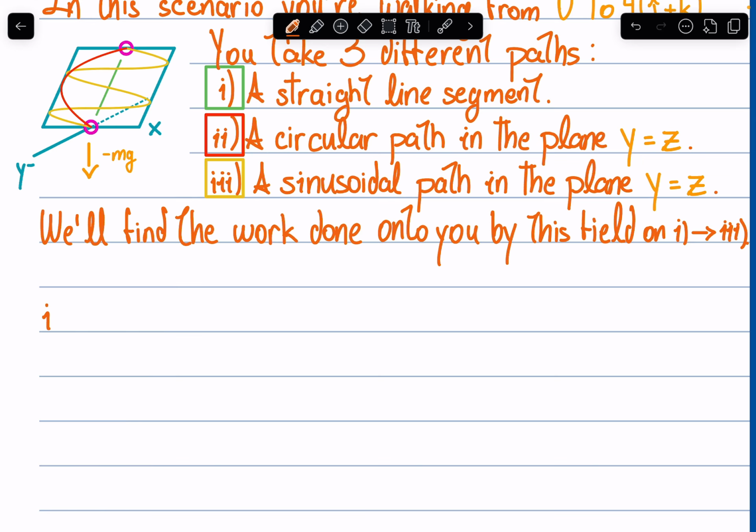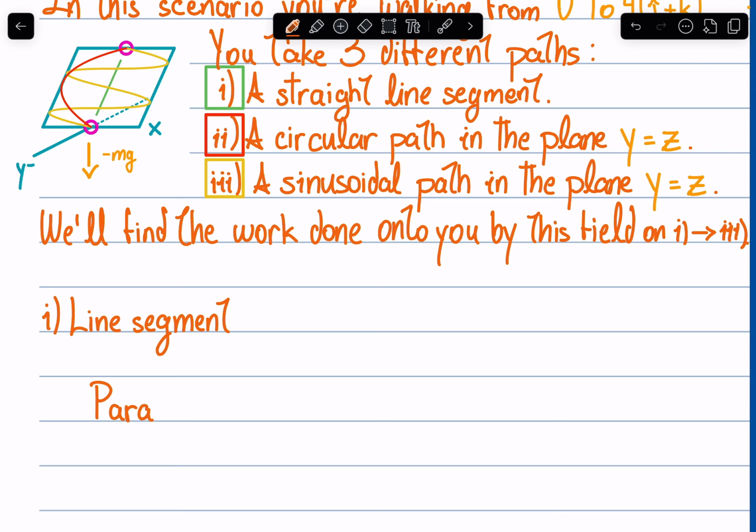When we find the parametrization for the line segment, we will use the formula t times (endpoint minus starting point) plus starting point to get the parametrization.